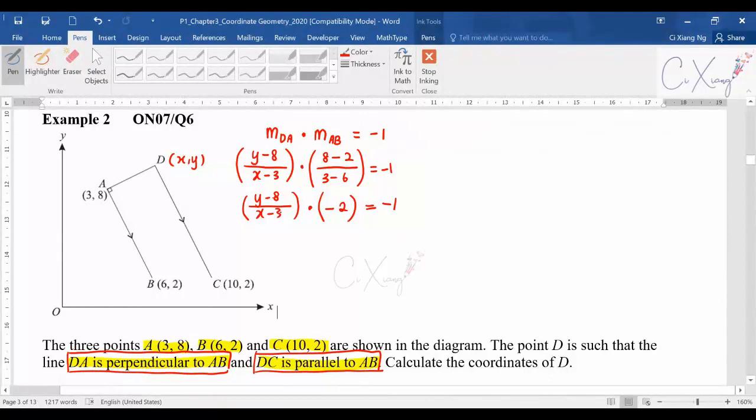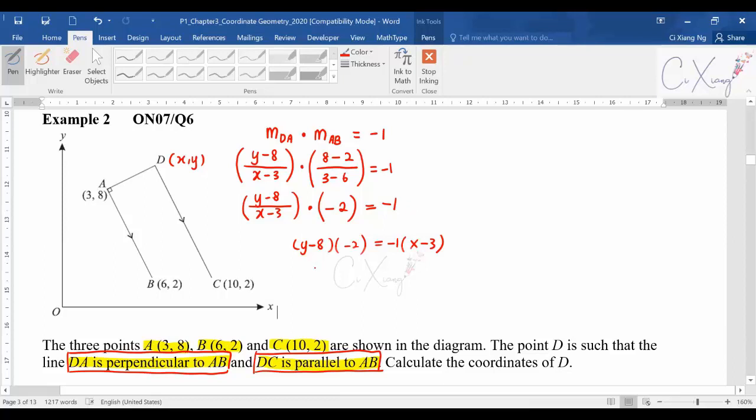Okay? And then what else can you do now? You can try to keep y minus 8 with negative 2 together, and then negative 1 with x minus 3. That means you bring the denominator up to the other side.